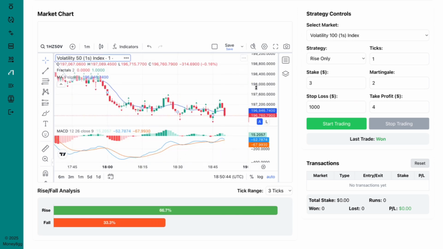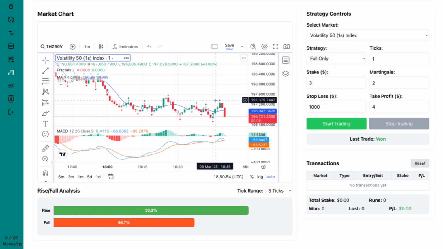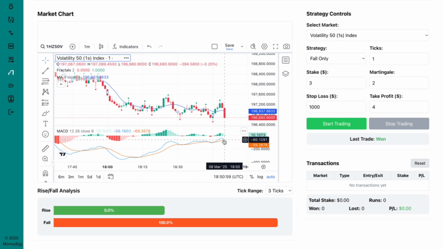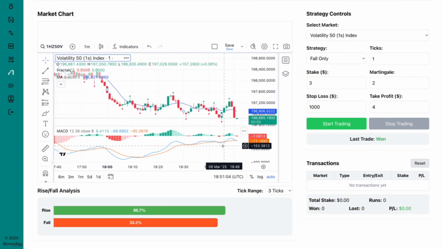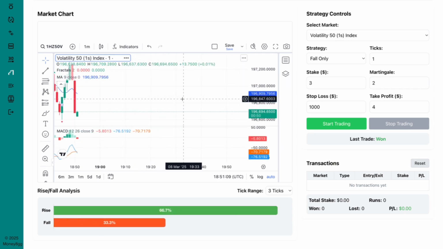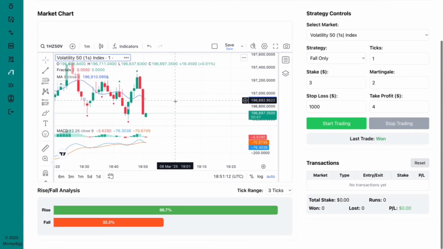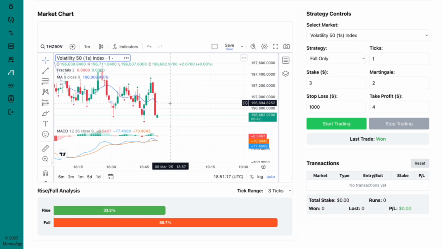Once we see it, let's sit here and wait for this one to fall. So once they join here and we see, let's say, okay, I could go down further. Let's wait.